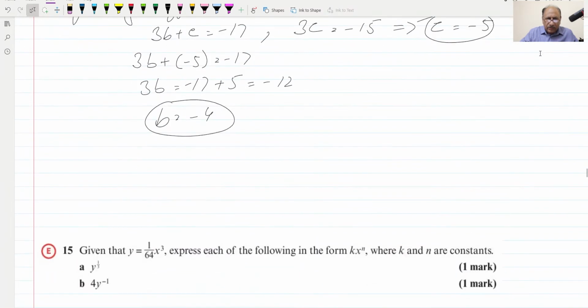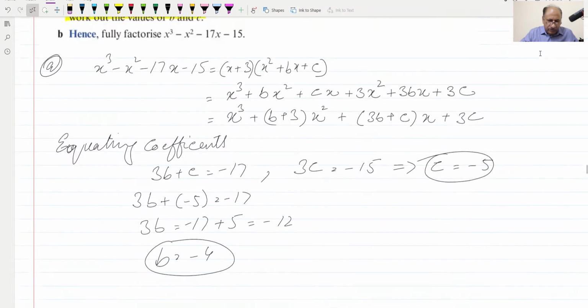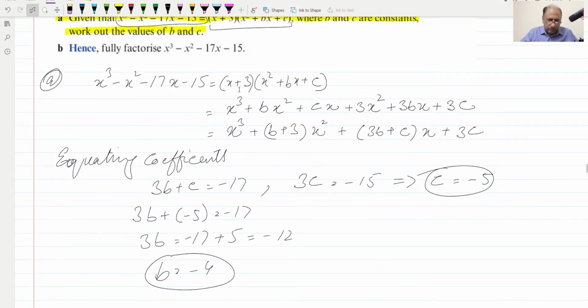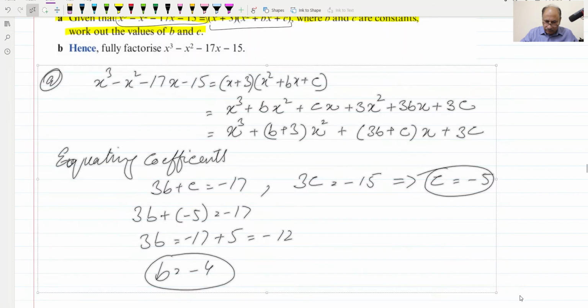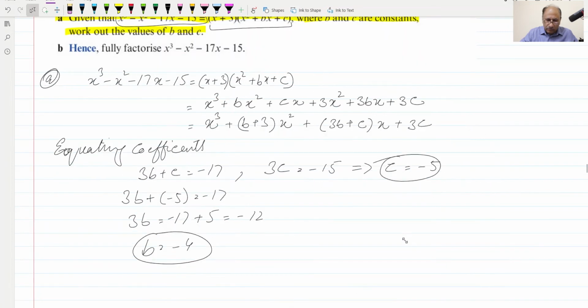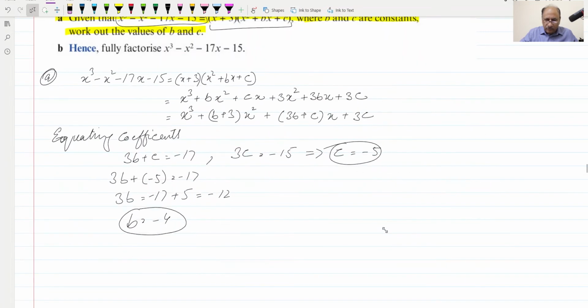Now next is part b, which we can solve over here, and I will just shrink its size to readable so that we can have enough space for part b. We can write here, part b: hence fully factorize x cube minus x square minus 17x minus 15.